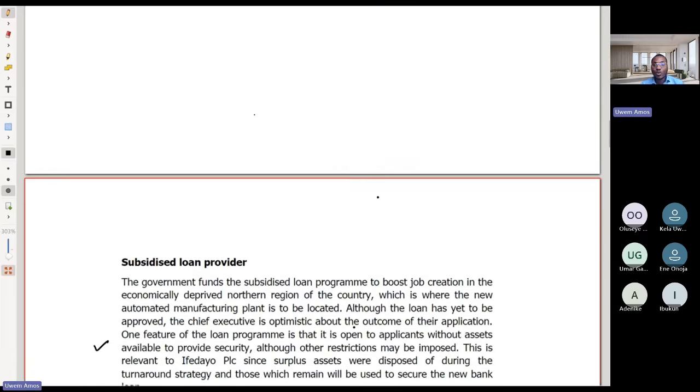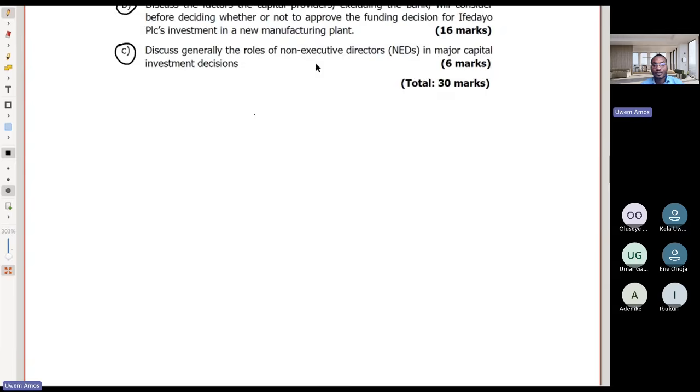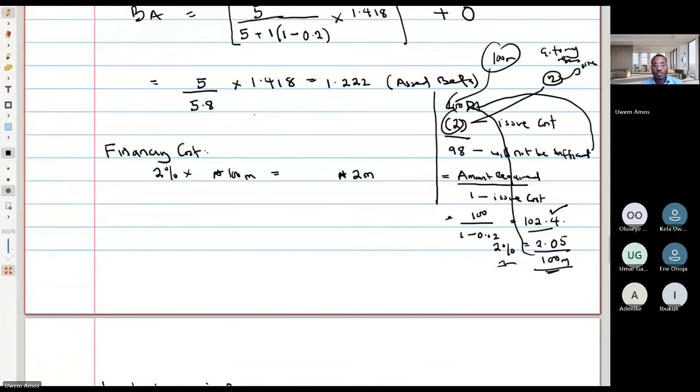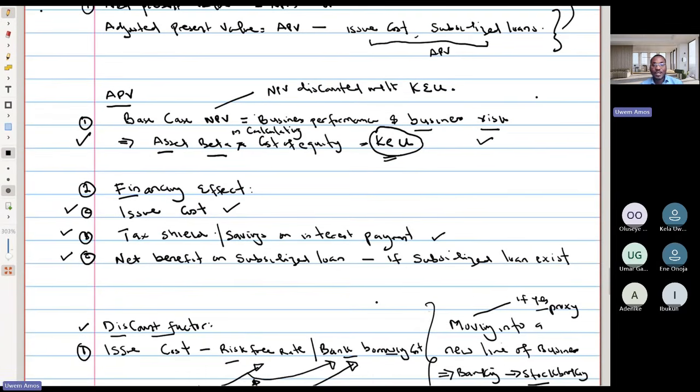I think that we're done with the first part, which is our issue cost. So we've calculated it as 2 million. Second would be our tax savings on interest payment.